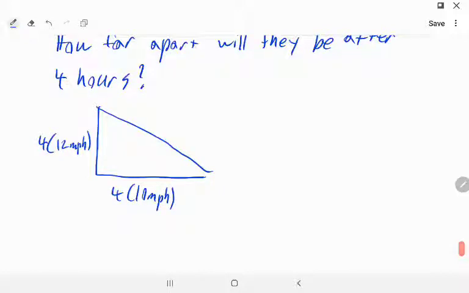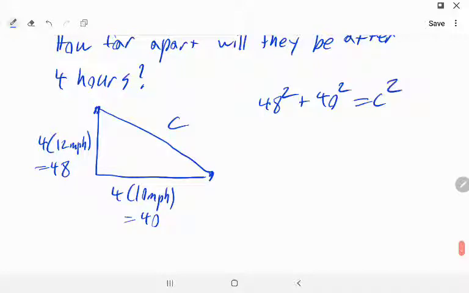And so we notice our 2 side lengths are going to be 48 and 40. And so we notice the distance between the cars is going to be given by the hypotenuse C. And so this is actually a pretty common structure. And so we're going to notice that 48 squared plus 40 squared is going to have to equal C squared.